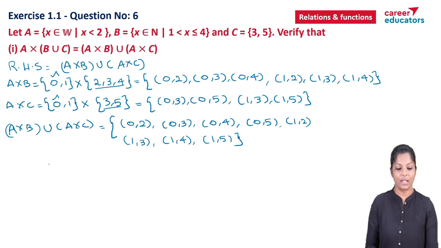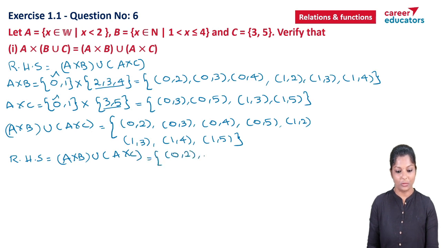Now we got RHS. RHS equal to A cross B union A cross C equal to (0, 2), (0, 3), (0, 4), (0, 5), (1, 2), (1, 3), (1, 4), (1, 5).